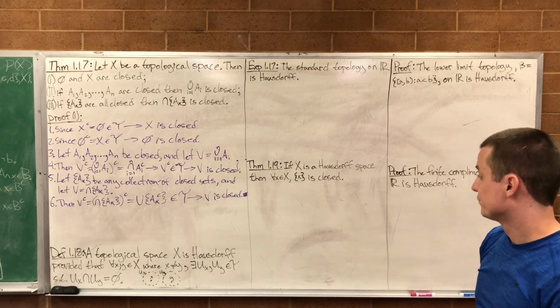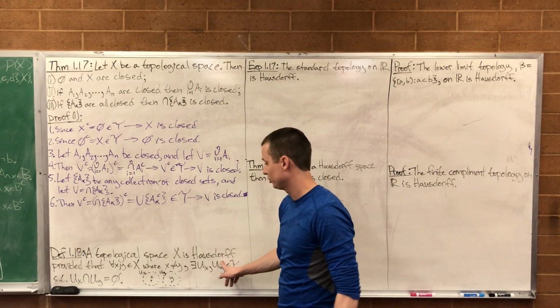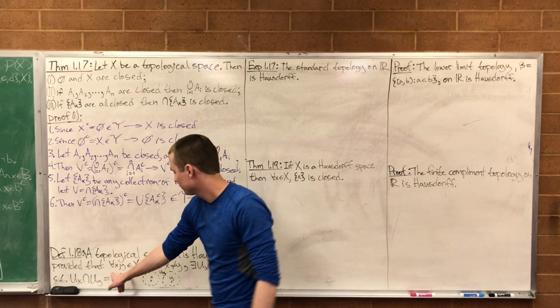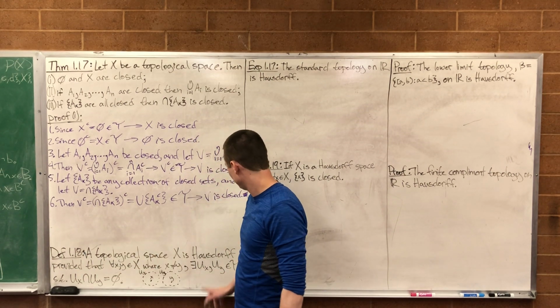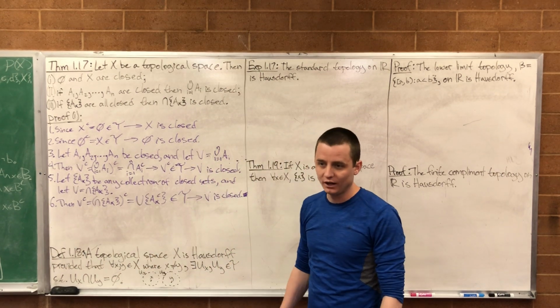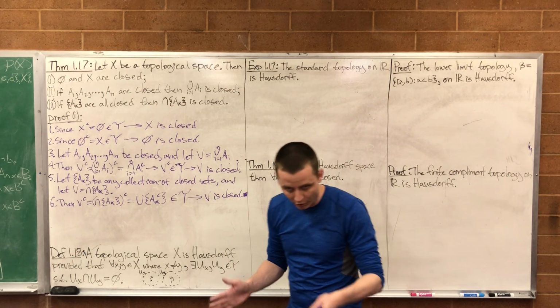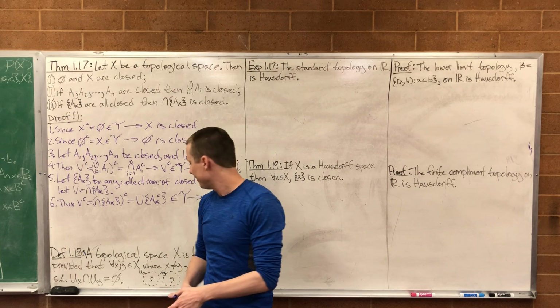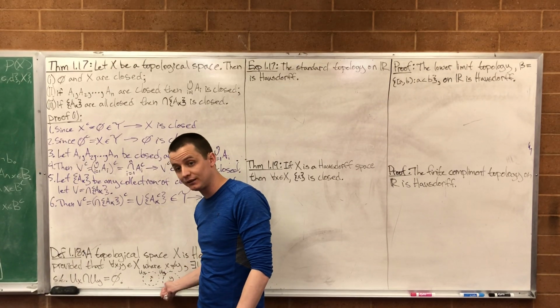Our next definition. A topological space X is called Hausdorff, provided that for any 2 points in there. Hausdorff, this guy's a mathematician that first listed out the basic properties that topology has. And this property that we're going to list right now, he thought was another property that they had to have.